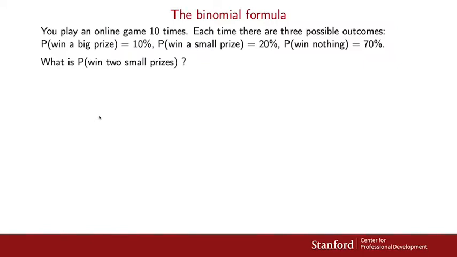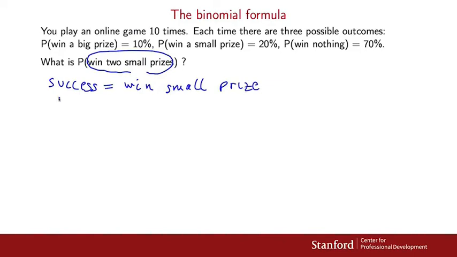Now it would seem that this is actually not the binomial setting because, after all, we have 3 possible outcomes. But if you look at the question, you see you're asked to compute the probability of 2 small prizes. It doesn't talk at all about big prizes. So this is, after all, an example of the binomial setting where success means you win a small prize and failure means anything else.